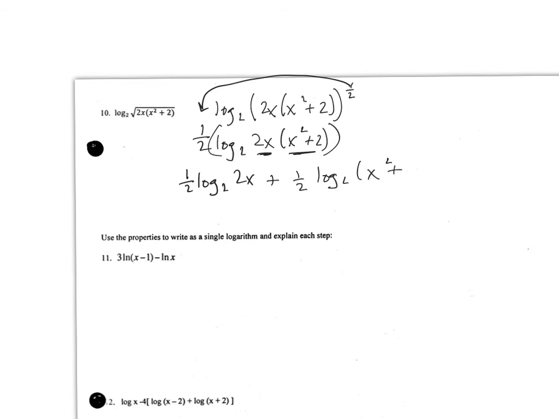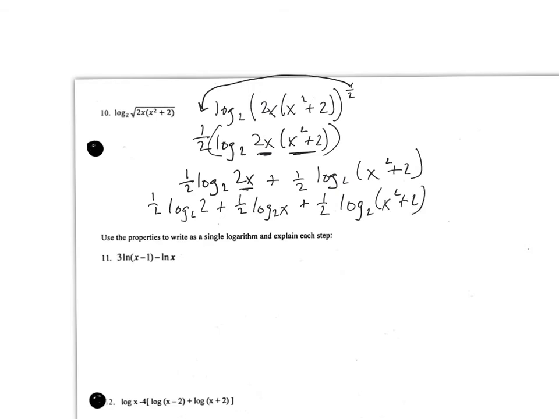X squared plus 2. This is another multiplying problem. 1/2 log base 2 of 2 plus, because we're multiplying, 1/2 log base 2 of x plus 1/2 log base 2 of x squared plus 2.